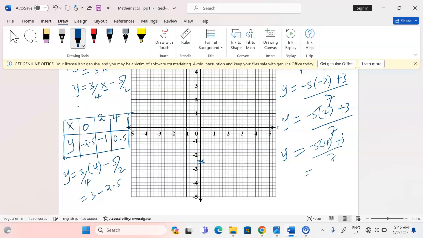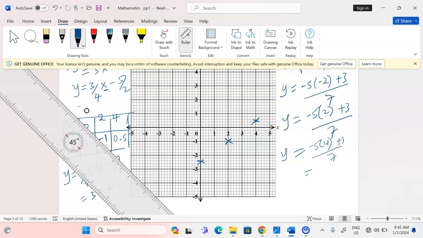Then there is 2, negative 1. The coordinate is at that point. Then 4 and 0.5 is here. That is going to be the first line. We can plot it first.